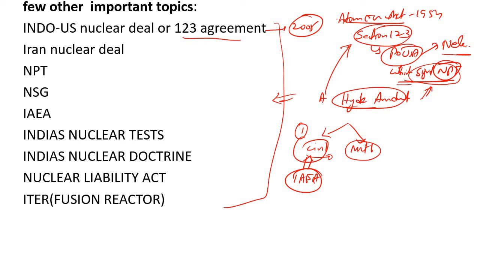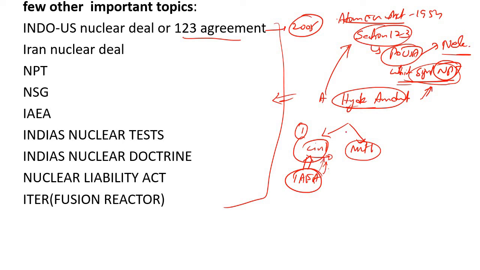So the IAEA will come and see whether these civil nuclear reactors, which are declared to produce nuclear energy, are used only for nuclear energy production or not. Otherwise, if some countries are producing weapon grade uranium, or utilizing nuclear waste for producing nuclear weapons, then the IAEA will place restrictions on these things.